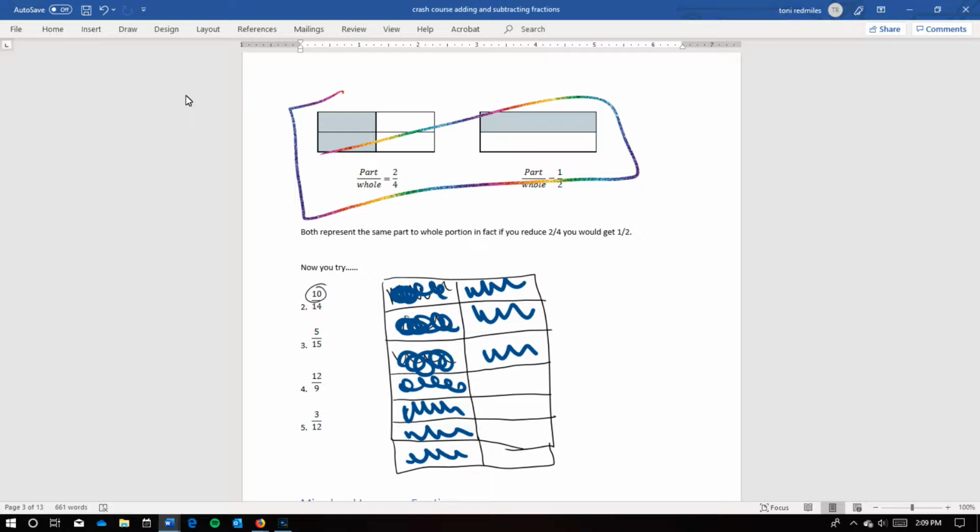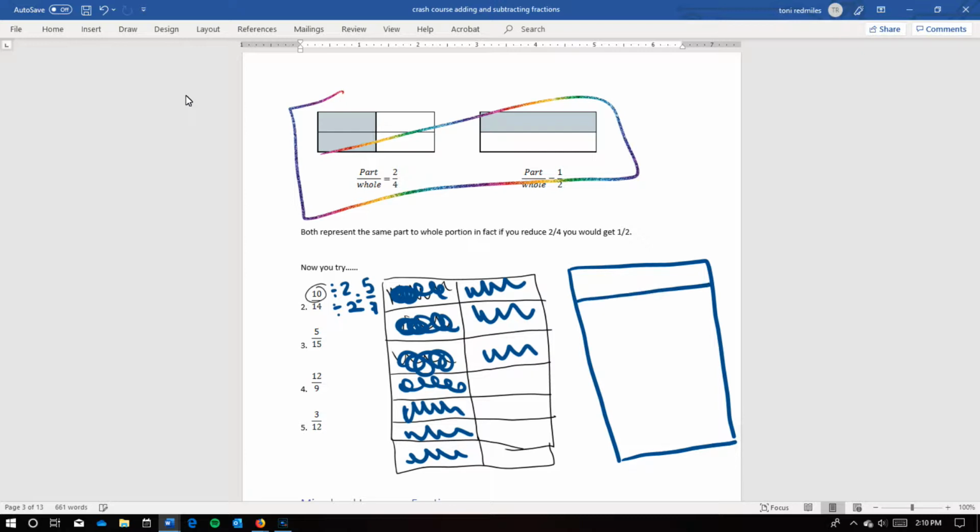Well, if you did it mathematically, you'd say, these are both divisible by 2. I'm going to reduce by 2's. Now I have something that is 7 pieces: 1, 2, 3, 4, 5, 6, and 7, and 5 of them are colored in.